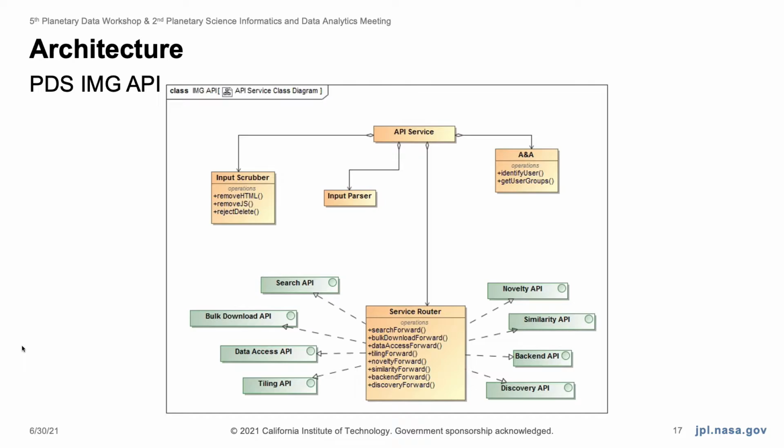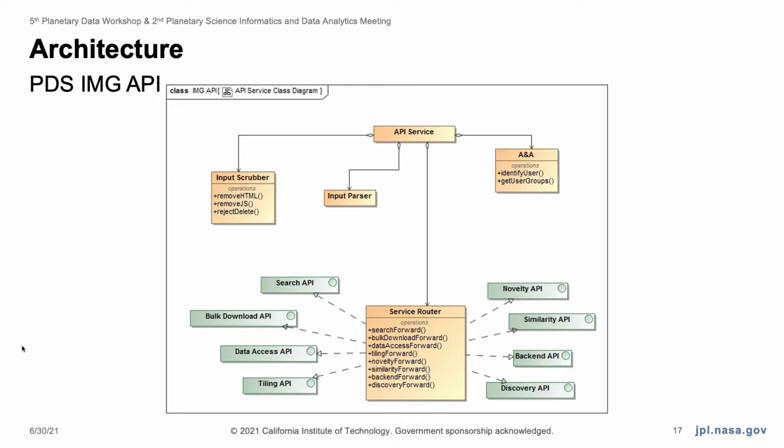Suppose a user sends a request saying they want to search for something. The API service is going to do authentication and authorization: it's going to parse their input, it's going to scrub their input, and once it has determined that the user is able to do this thing and what it is that they want to do, it's going to use the service router, which is going to route it to the appropriate service running inside of our mesh.